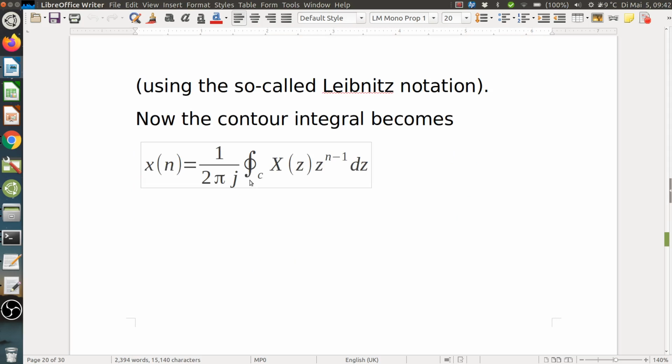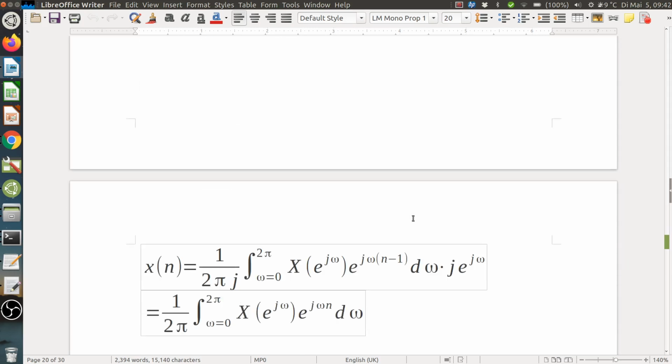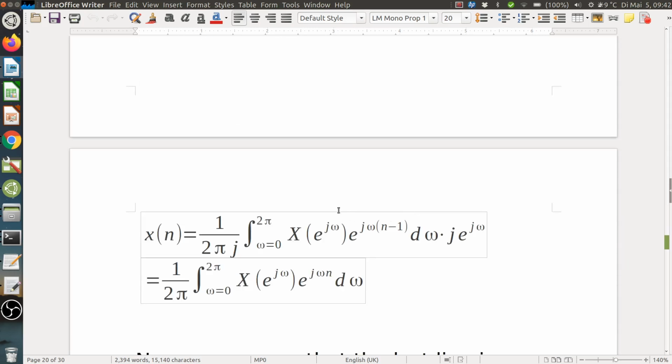So here we have our original integral going over dz, and now we replace dz by d omega times j times e to the j omega. That can be seen here. So here I just did the substitution. Here is the dz replaced on the right hand side.